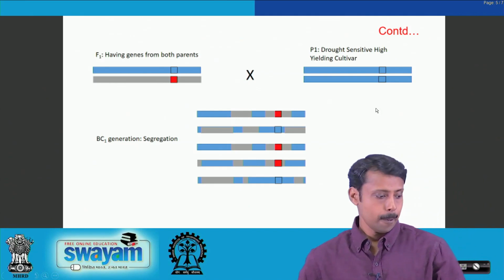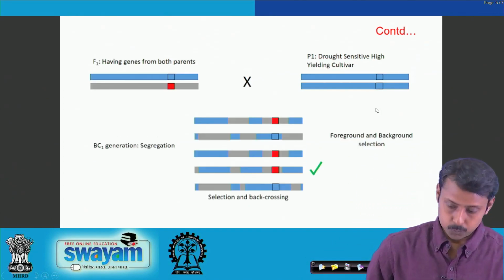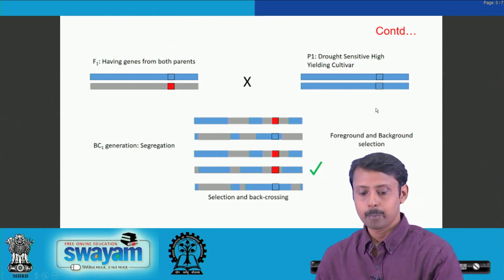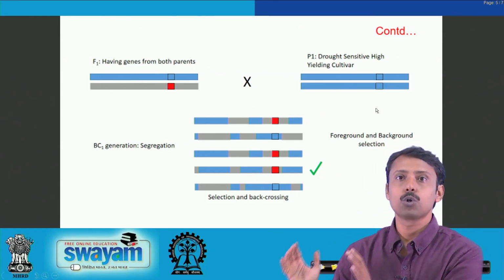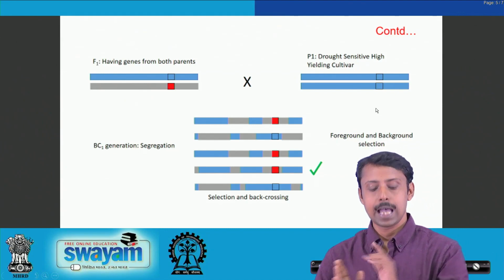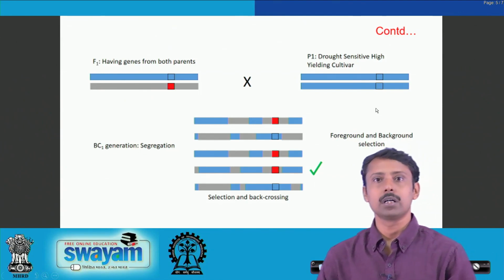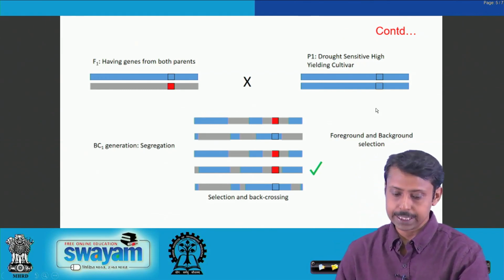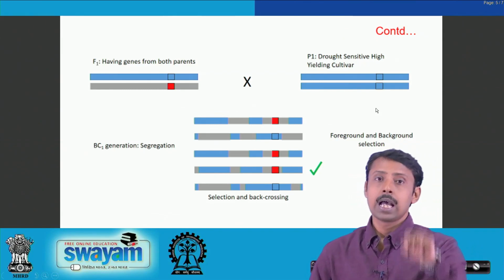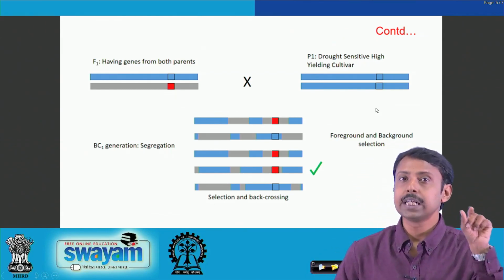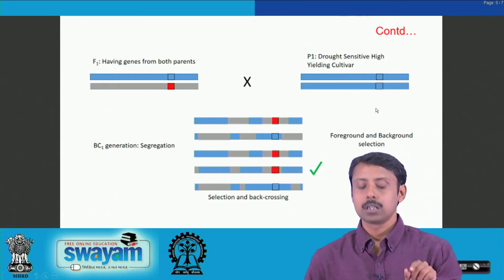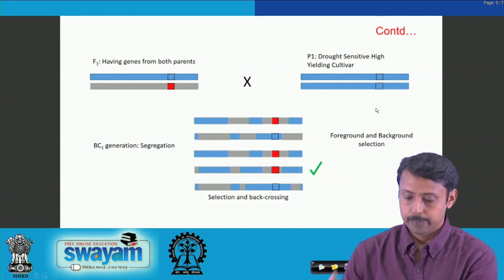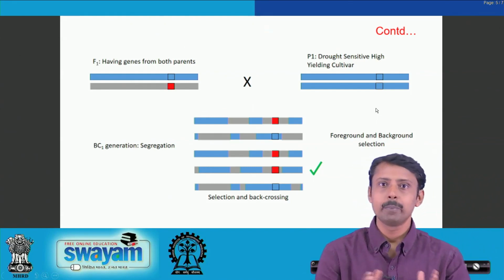But we have to choose those plants where the maximum part is coming from the drought sensitive cultivar along with the red part, as it has been shown over here, because in the rest of them, along with the drought resistant part, very little of the P1 parent's genome has been recovered.